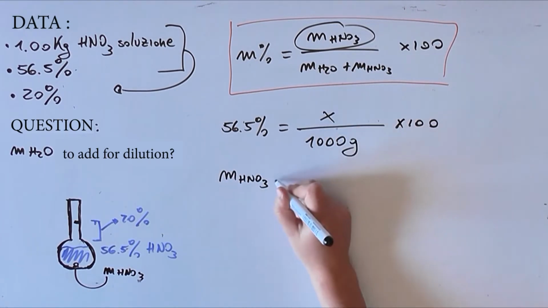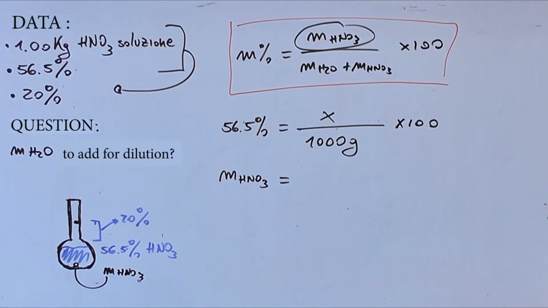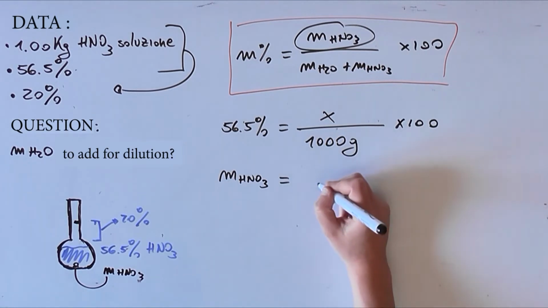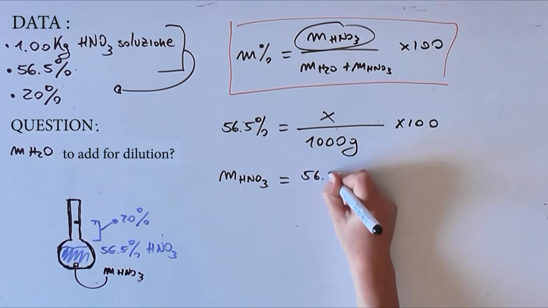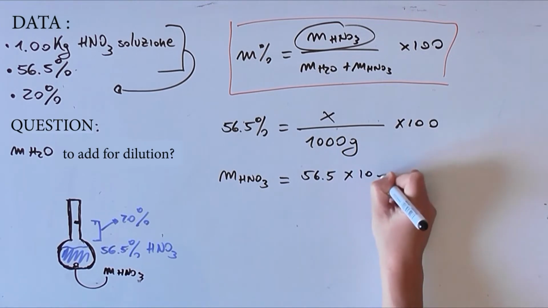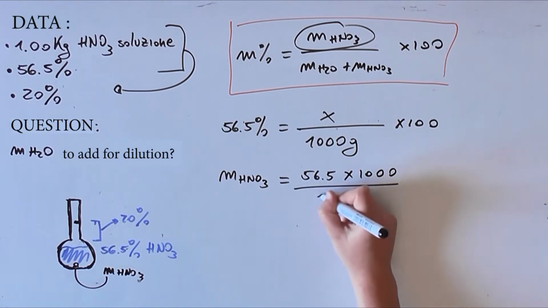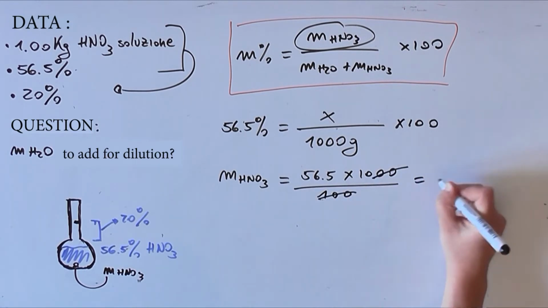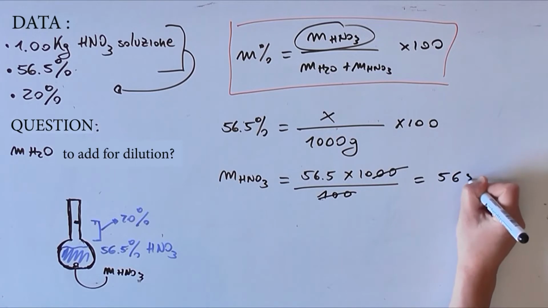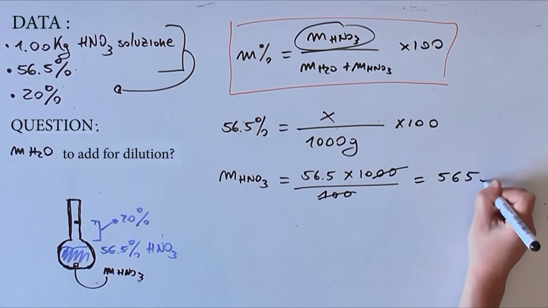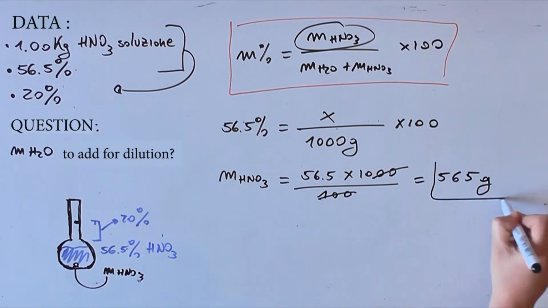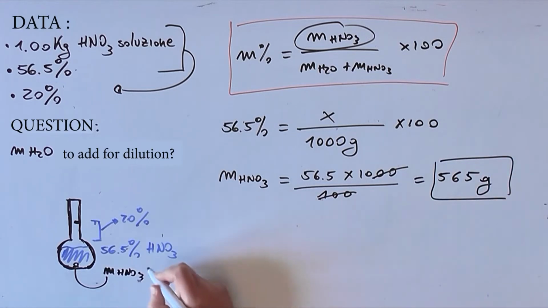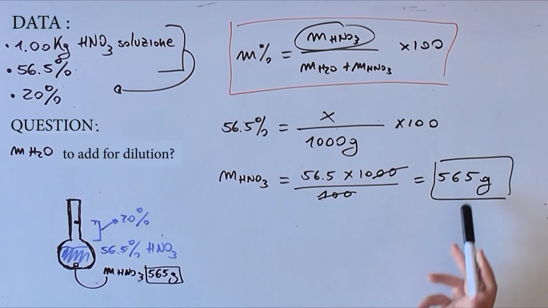It's equal to 56.5 times 1000 divided by 100. We can simplify these fractions to obtain 565 grams, which is our mass that is in this flask. So now I know the mass of nitric acid in my flask.